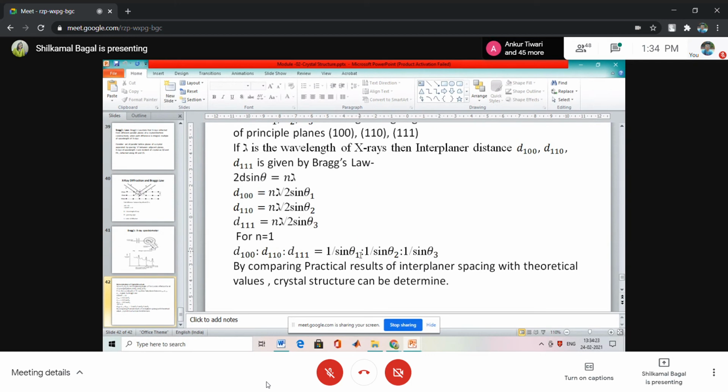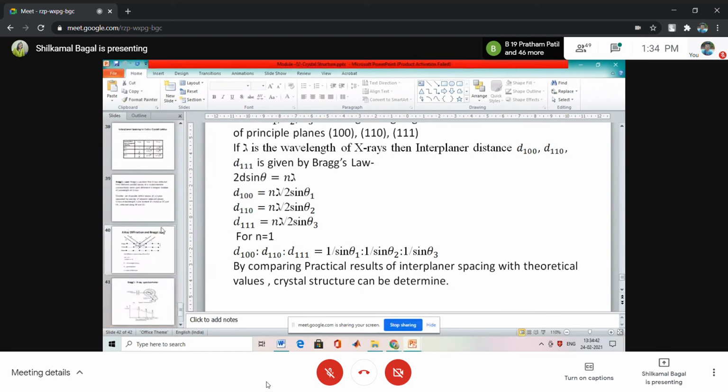They are the glancing angles for the first order maxima for the sets of planes 100, 110 and 111. And then theoretically we have studied the interplanar spacing for 100, 110 and 111.